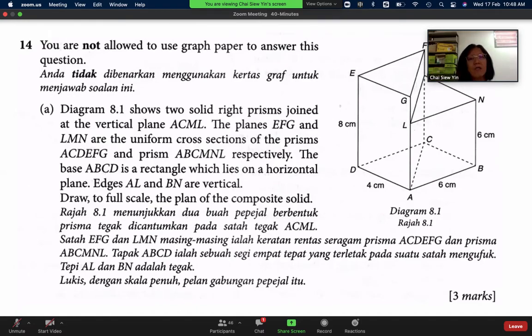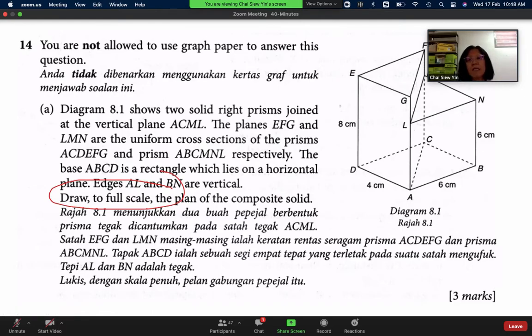Yes, in order to get full marks, you need to make sure that you have the correct length. That means full scale. Yeah, draw. If you look at the question, it says draw to full scale the composite solid.